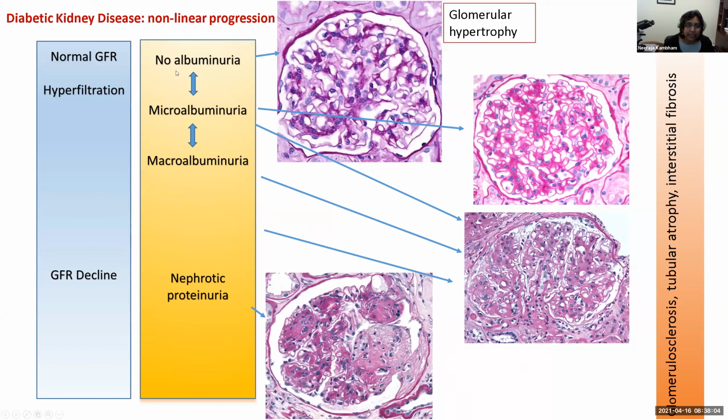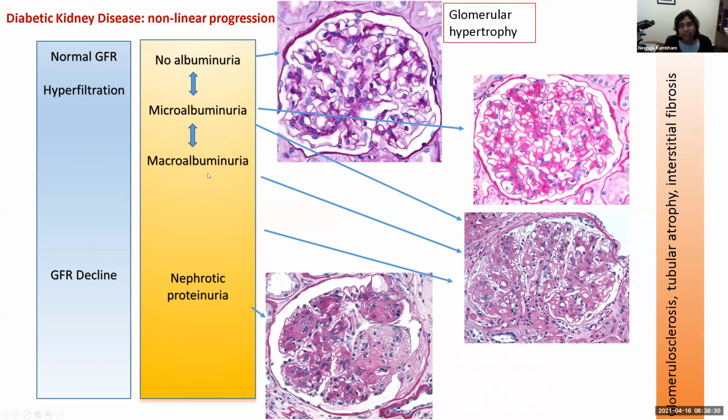So it's clearly known that in the early stages, from no albuminuria to micro and macro, reversal can happen. And in terms of the pathology we see in those various stages, microalbuminuria can be very early diabetic nephropathy with just thickening of the GBMs, but can also show a lot of mesangial sclerosis and proliferation.